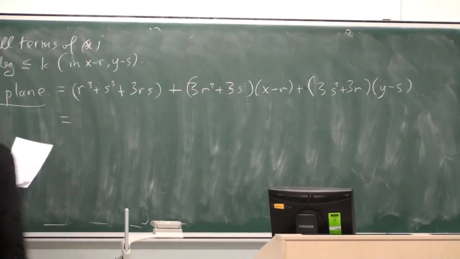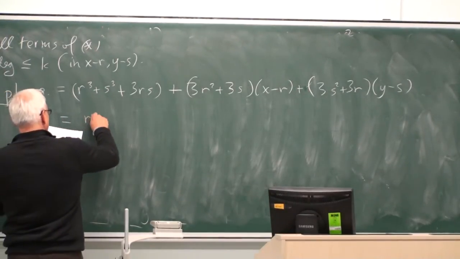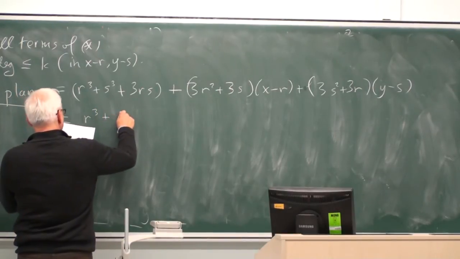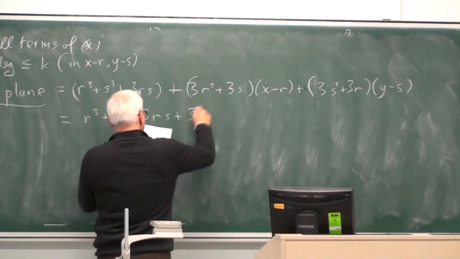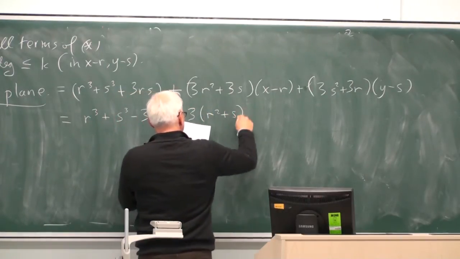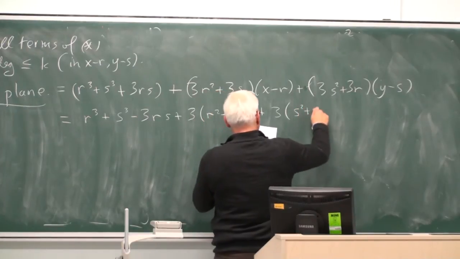So that will simplify a little bit. You can expand it out, and hopefully you will get r cubed plus s cubed minus 3rs plus 3r squared plus sx plus 3s squared plus ry.